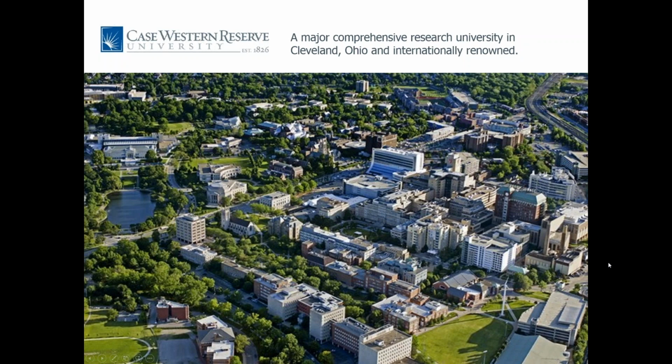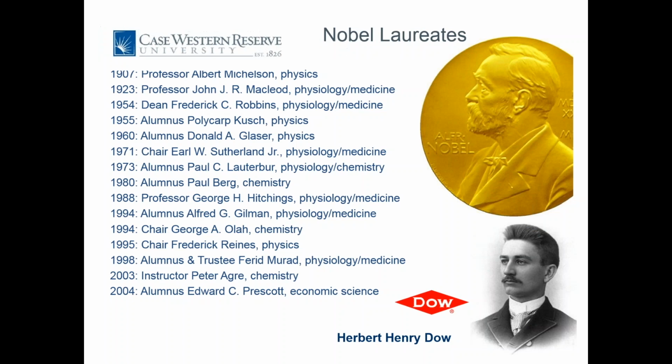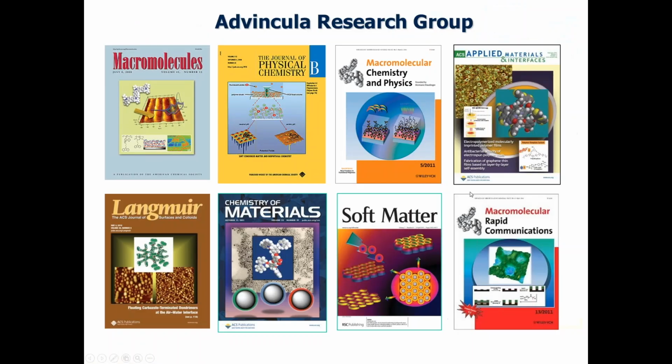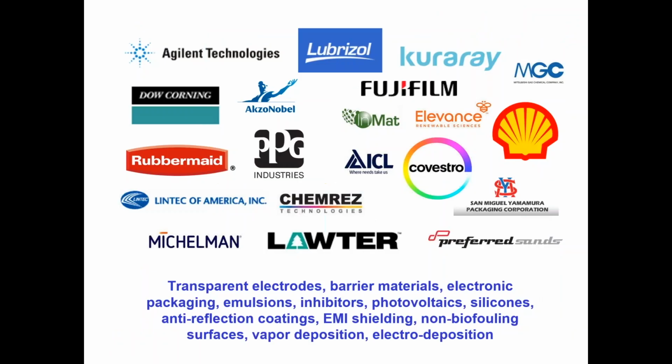We do a lot of work related to interfaces, macromolecular reactions, layer by layer structuring, nanopatterning, and I will not have an opportunity yet to discuss most of this latest stuff with you, but hopefully at the end I will give you some indication of where we have taken polymer science to new heights.